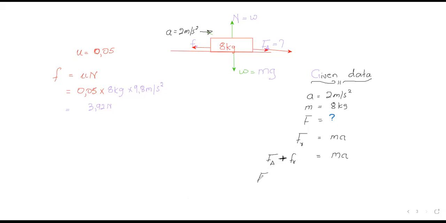The applied force and the frictional is always opposing, which is negative 3.92 Newton. And the mass is 8 kg, while the acceleration is 2 meters per second squared. And that gives us 16 Newton on the right.